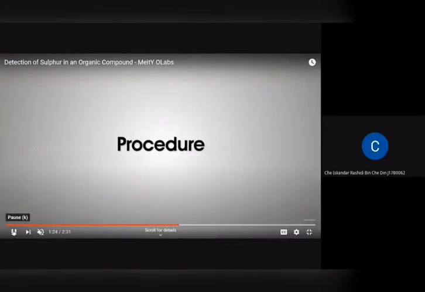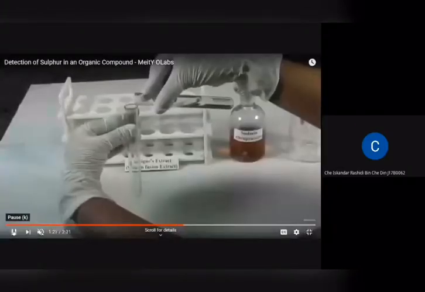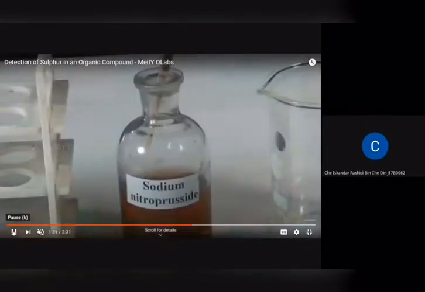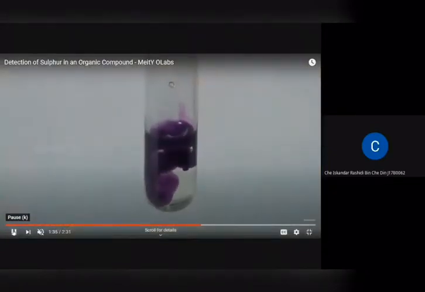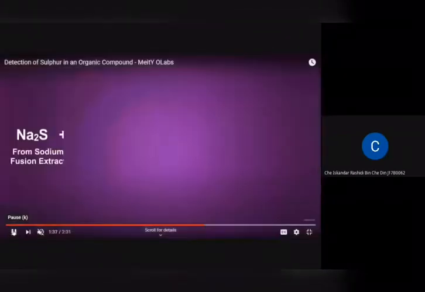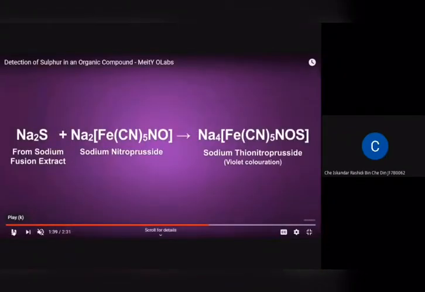The procedure: add a small portion of leucine extract to the test tube, add a few drops of sodium nitroprusside using a dropper. The sodium fusion extract reacts with the sodium nitroprusside, producing sodium thionitroprusside, and it yields a violet color to indicate the presence of sulfur in organic compound.